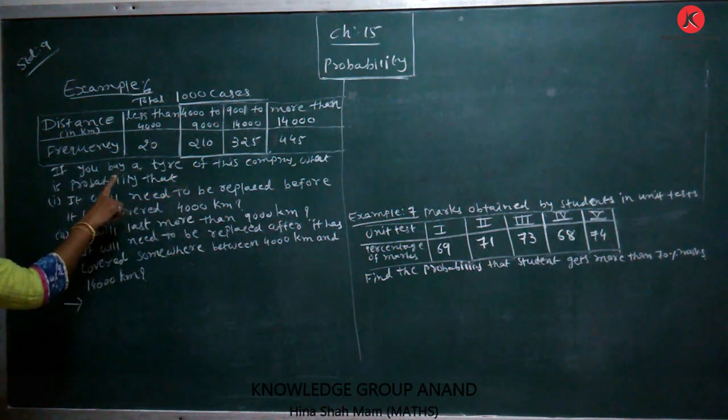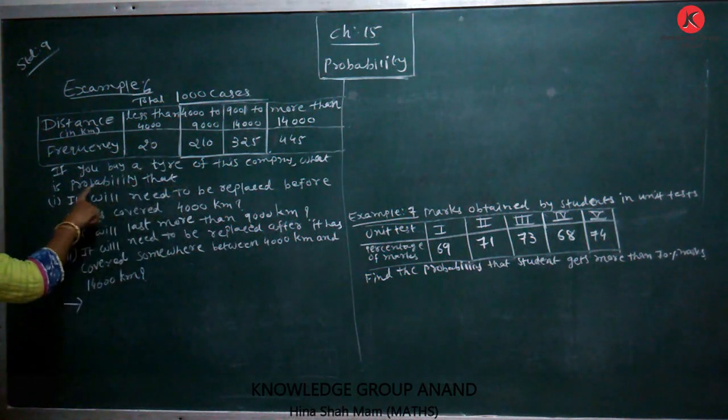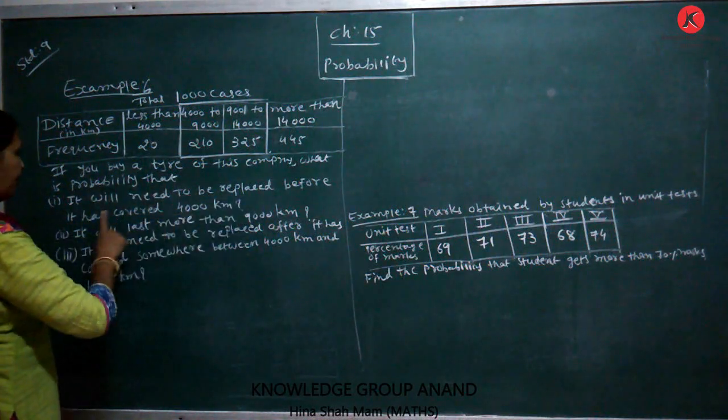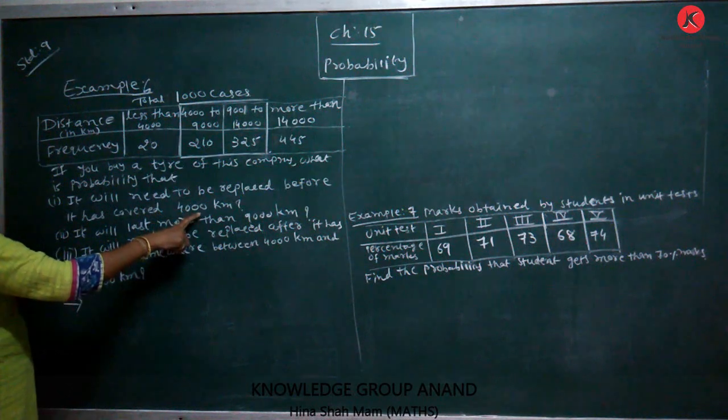Here we write what is probability that it will need to be replaced before it has covered 4000 km.